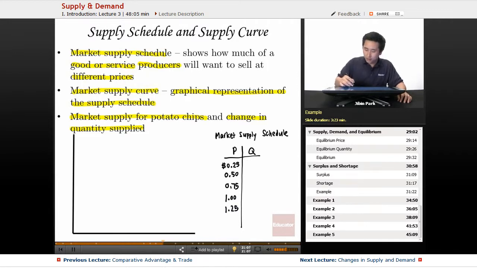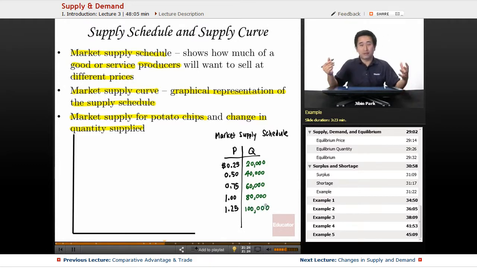And the quantity, let's go ahead and use 20,000, and then 40,000, 60,000, 80,000, and then 100,000. Now again, the numbers I just kind of created out of thin air.